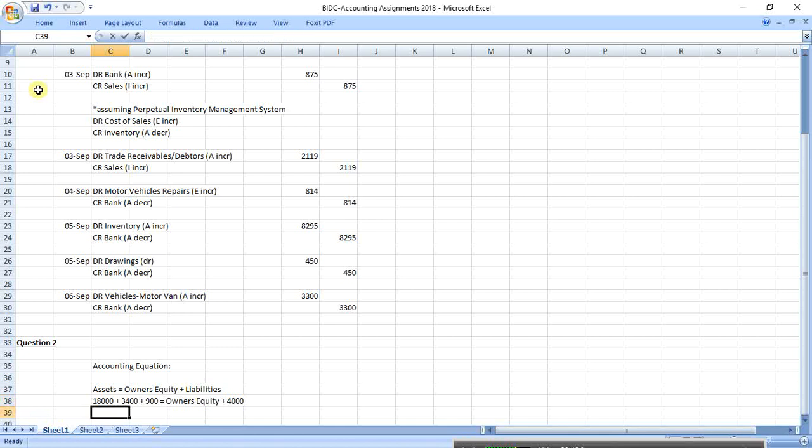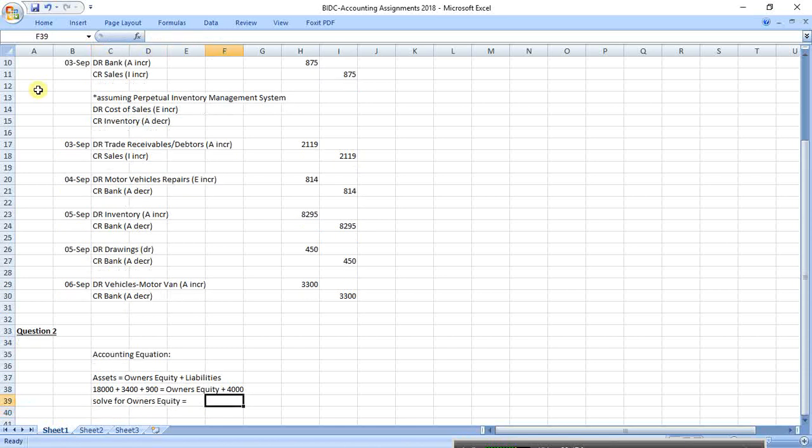Okay, so then I'm going to solve for owner's equity. If I solve for owner's equity, I'm going to get 18,000 plus 3,400 plus 900, which gives me 22,300. That should be the same as what you got.